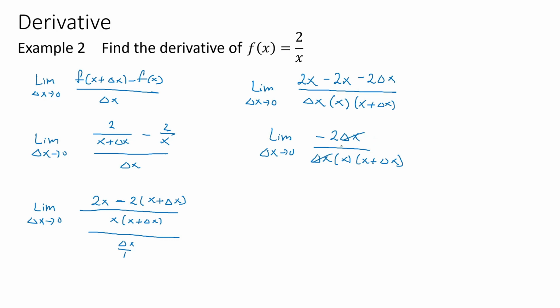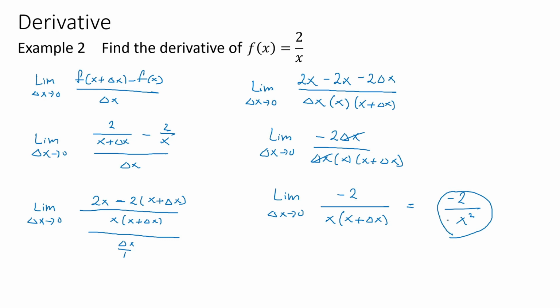These two delta x will divide each other out, leaving us with negative 2 over x times x plus delta x to solve our limit. If you substitute 0 for delta x, you should have negative 2 over x squared as our answer, which means negative 2 over x squared is the derivative of 2 over x.